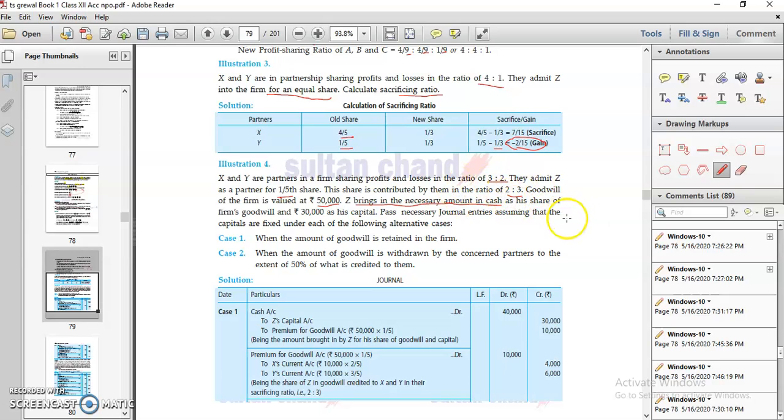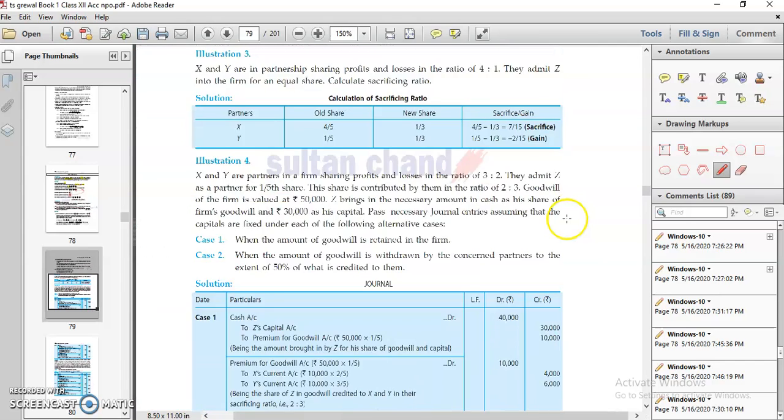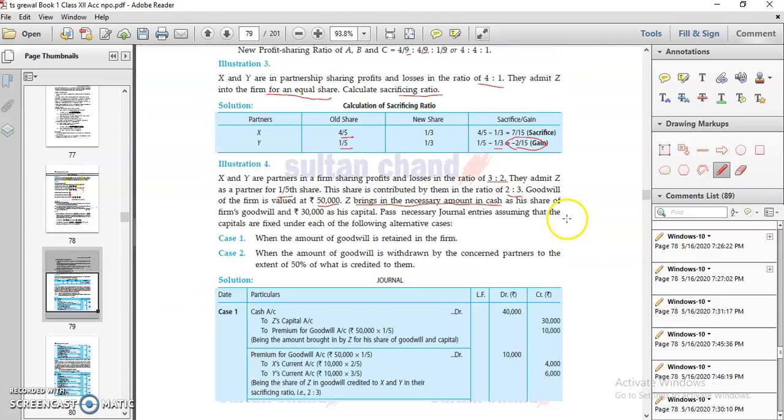One thing you can remember: in your full chapter of admission, everything is done by sacrifice ratio, except if goodwill is given in the existing balance sheet.